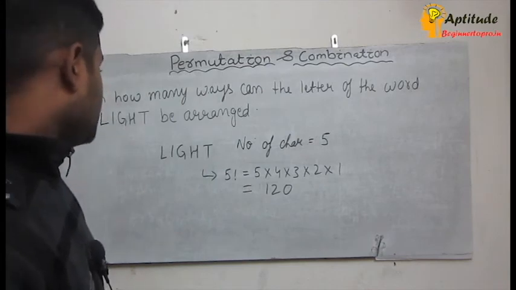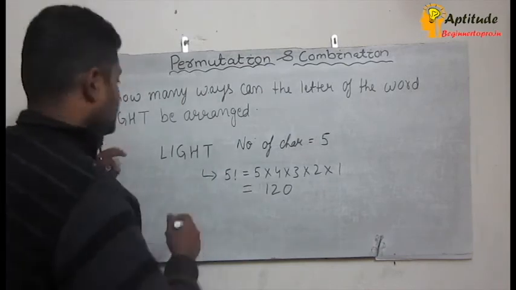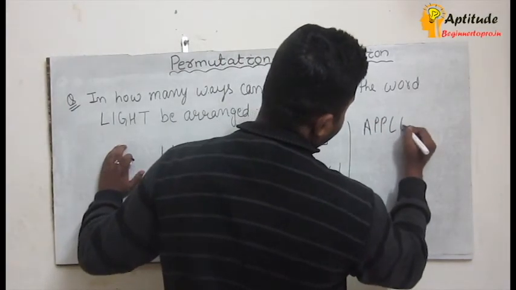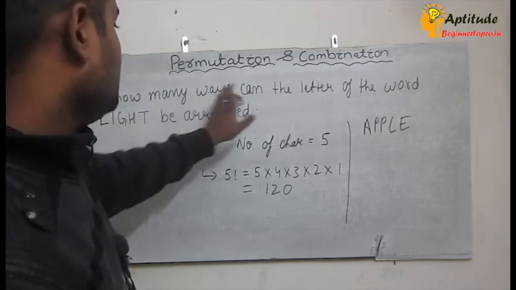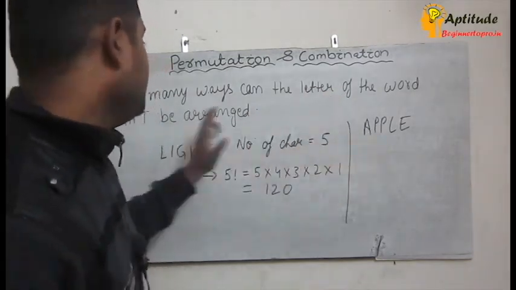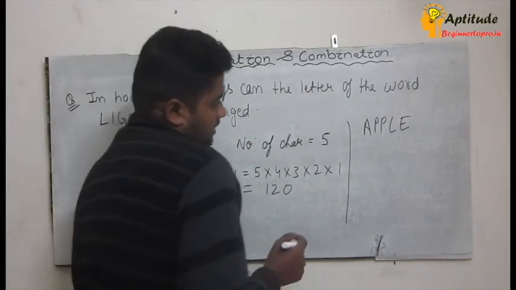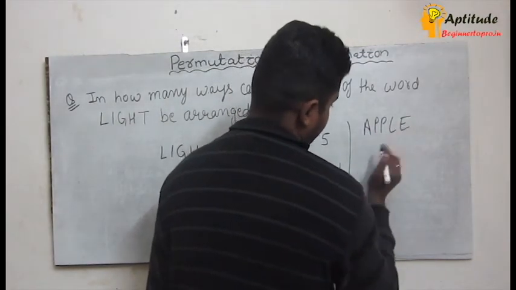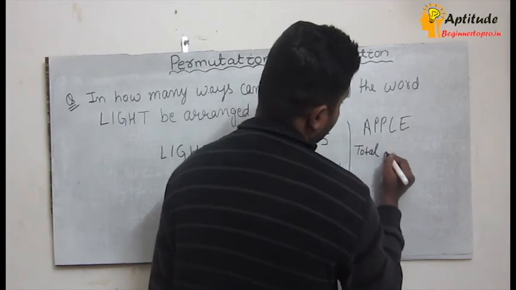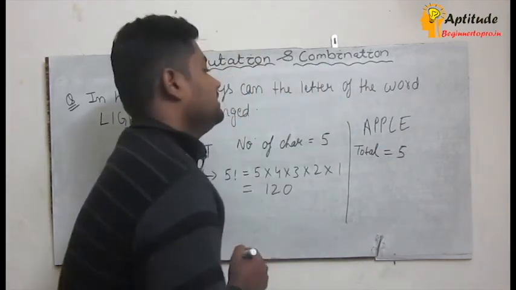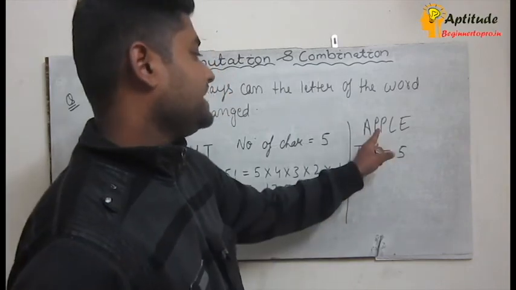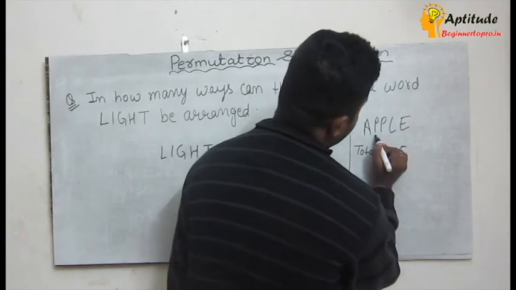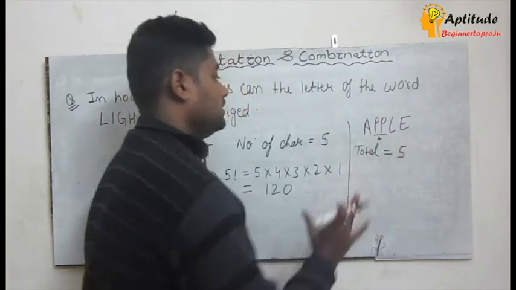Okay, but suppose the word given is apple. Same question, in how many ways can the letters of the word apple be arranged? See, here the total number of characters is 1, 2, 3, 4, 5. So total number of characters is nothing but 5. But here one character is repeating, meaning P occurs twice in the given word.